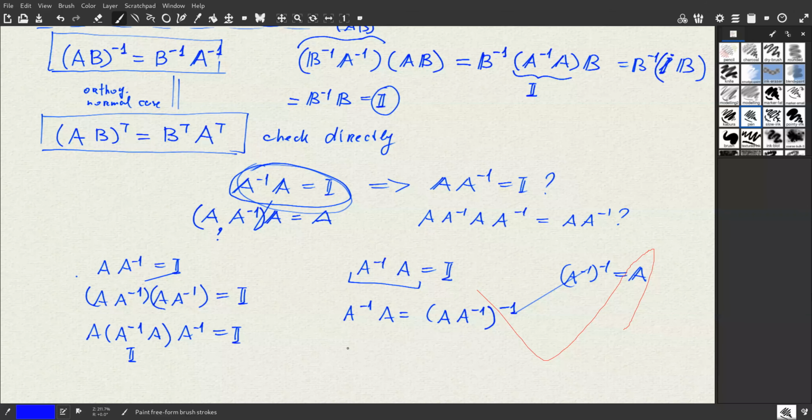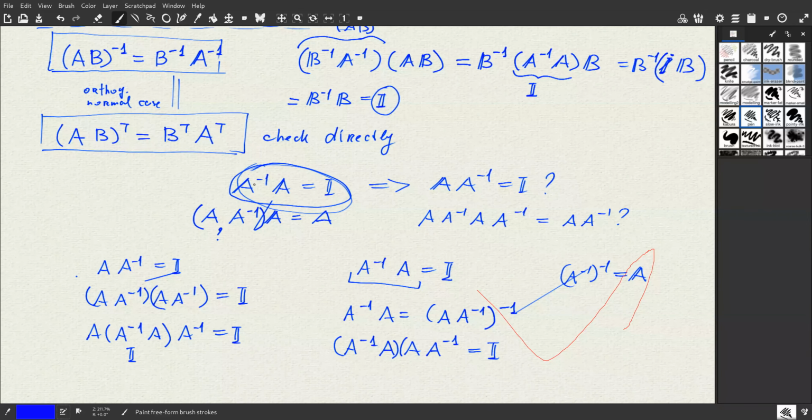which means that A minus 1 A multiplied by A minus 1 must be the identity matrix, because one of them is, no, other way around.